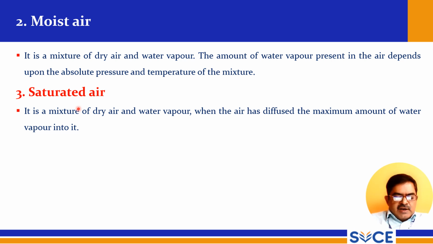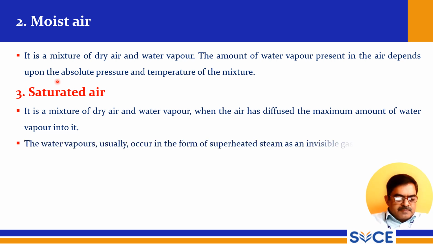We cannot add any further water vapor, so it is known as saturated air. Whereas in moist air, a little bit of water vapor is mixed, here the maximum amount of water vapor is mixed with dry air.